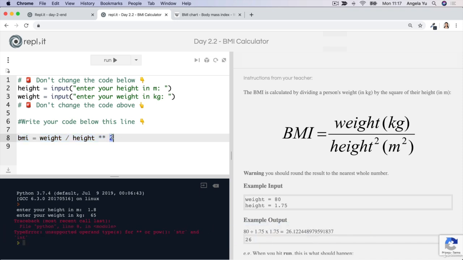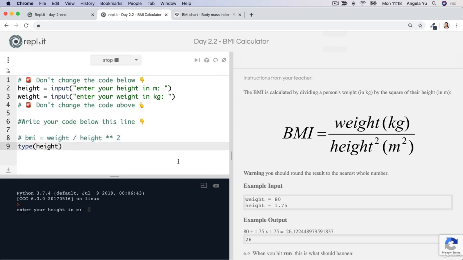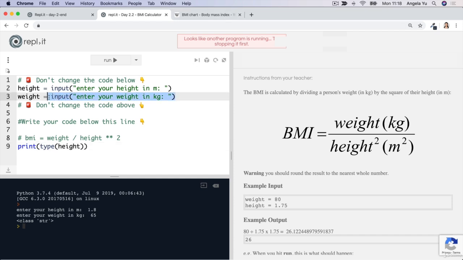The 2 is the integer, but this is still a string. We can confirm this if we check the type. So type of height, and let's comment that out, and let's print this. Then you'll see that when we enter some numbers here, the type of height and weight, in fact, is string because they came from the input function, which we saw in previous lessons.